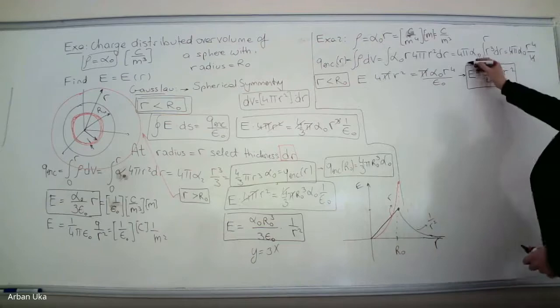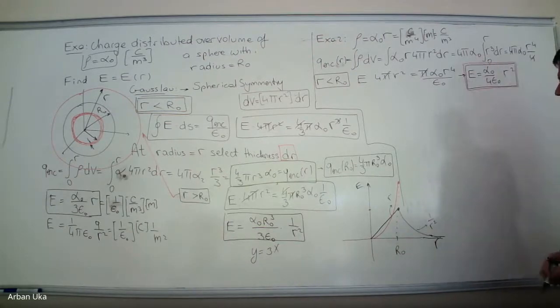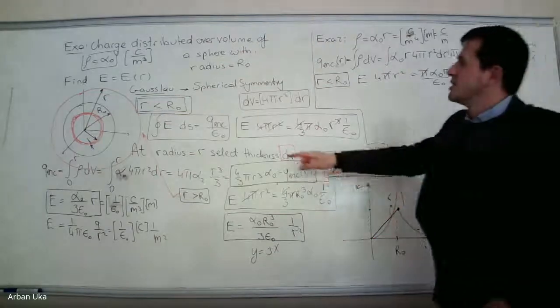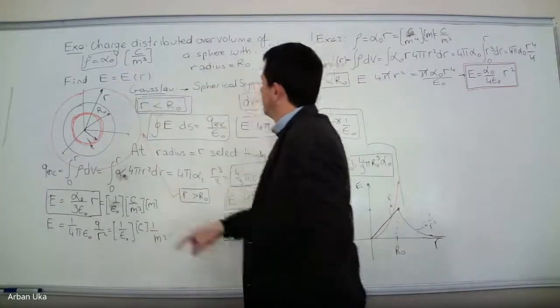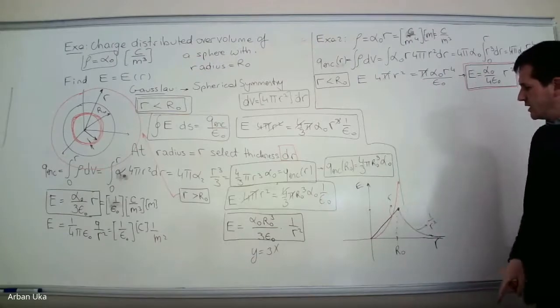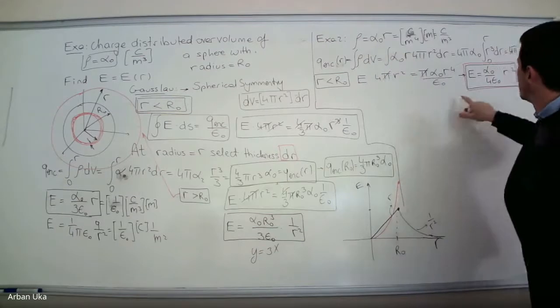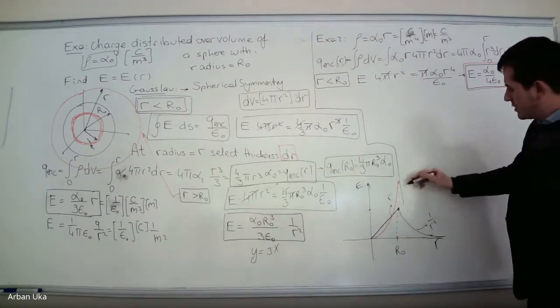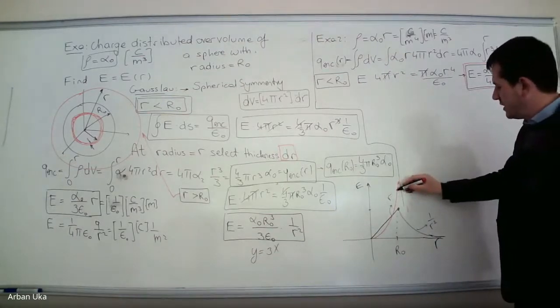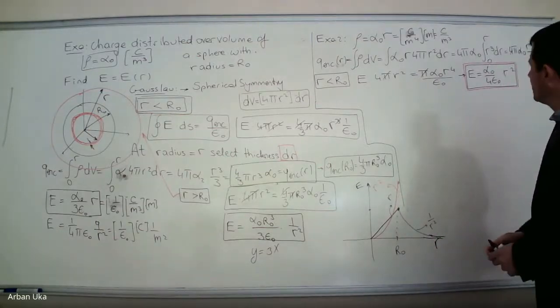Now this is inside the object. And we observed that if the charge distribution was just a constant value, the electric field inside the object will change linearly. If it was alpha 0 times r, then the electric field will not increase as a function of r, but it's going to increase as a function of r squared.